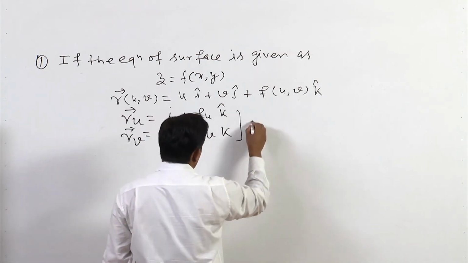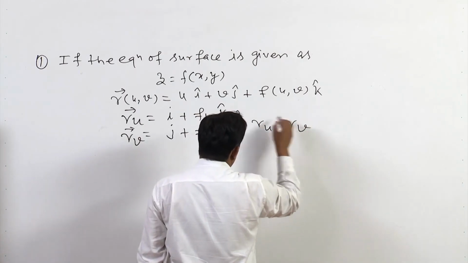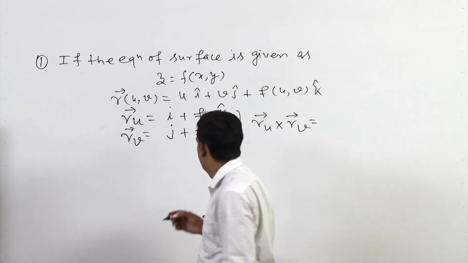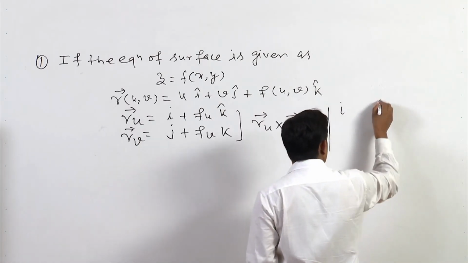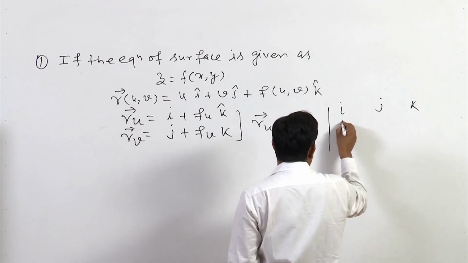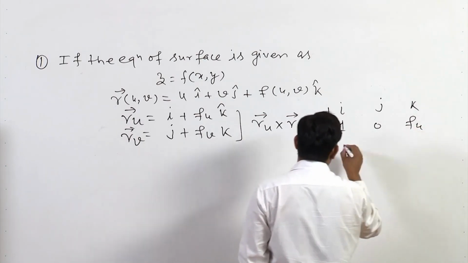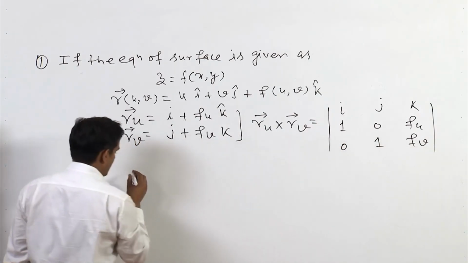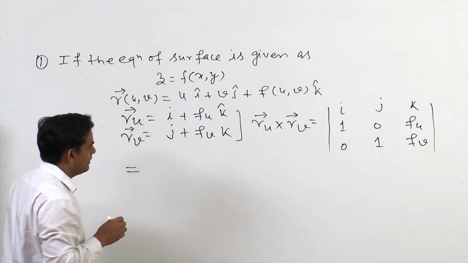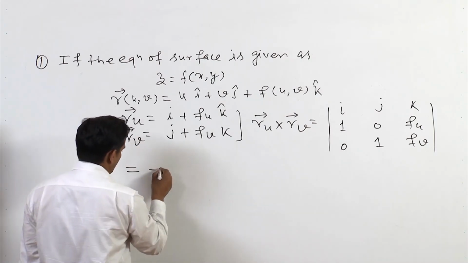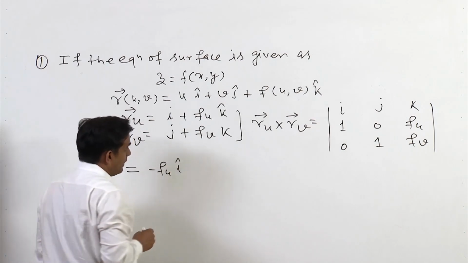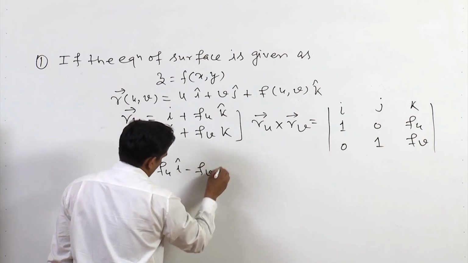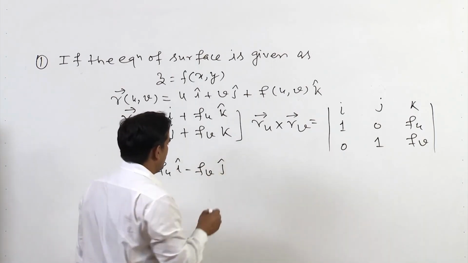So from here, the cross product of Ru and Rv can be written as the determinant with rows i j k, 1 0 f_u, 0 1 f_v. So this comes out, the i component will become minus f_u, the j component will become minus f_v, and the k component will be 1.